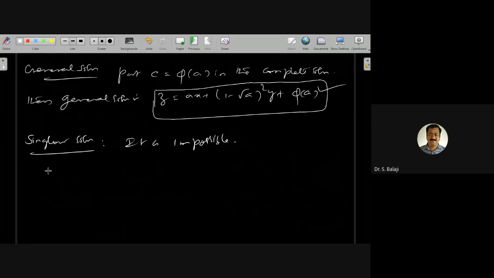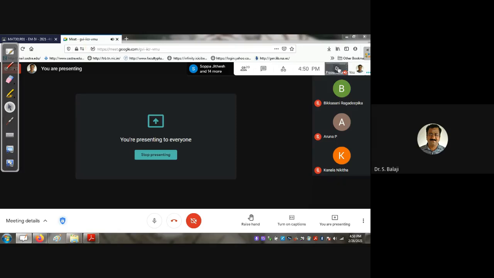In the same way, we have another problem. Solve p square plus q square equal to npq. Previous problem over for all of you? Yes, sir.